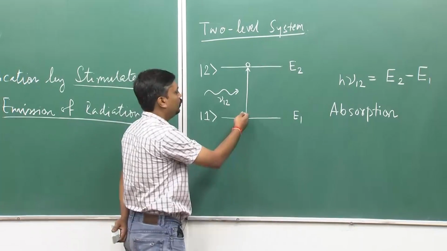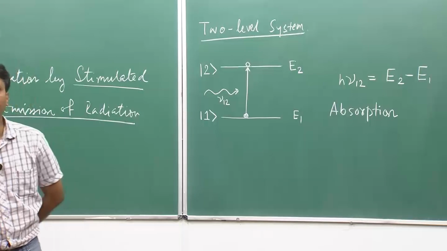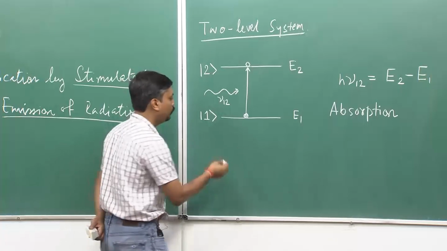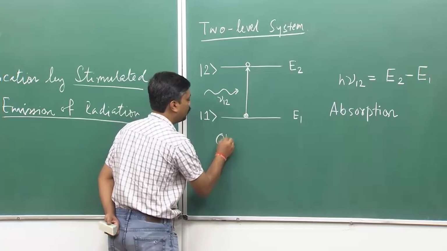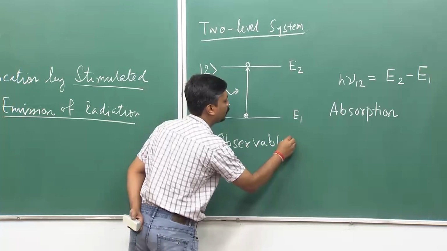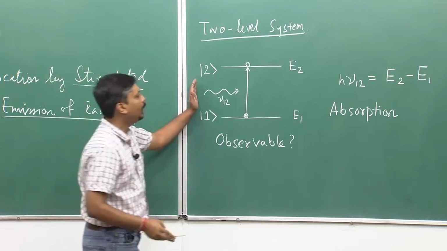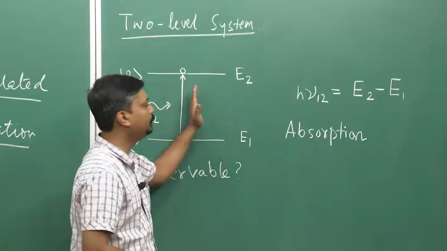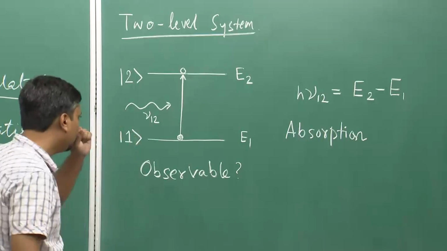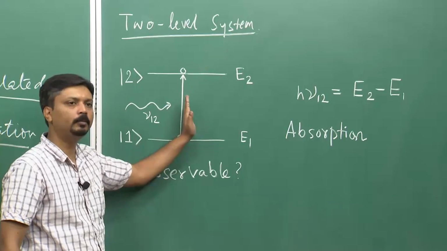So when we let this process happen, what do I observe? In other words, what is the observable? If I come with a light, I can detect the light in absence and in presence of this two-level system.